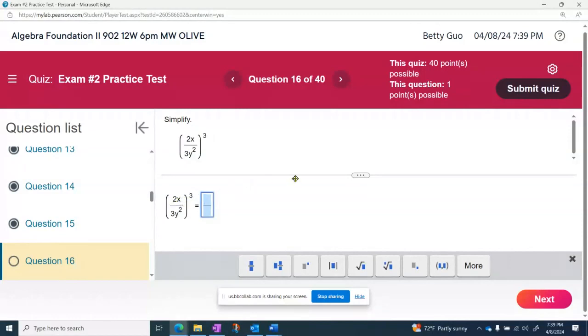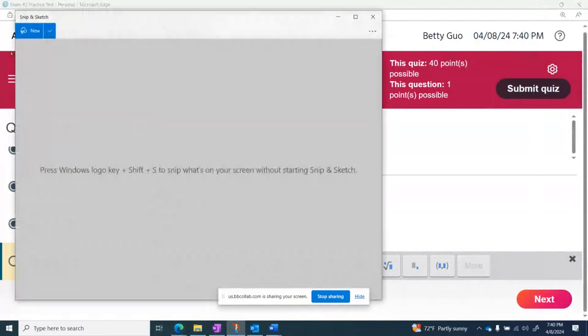So you have 2x times 2x times 2x. Think about it. In the numerator, you have 2x times 2x times 2x. You have 8x cubed. Denominator is 3y squared. Let me copy paste. You see it better.